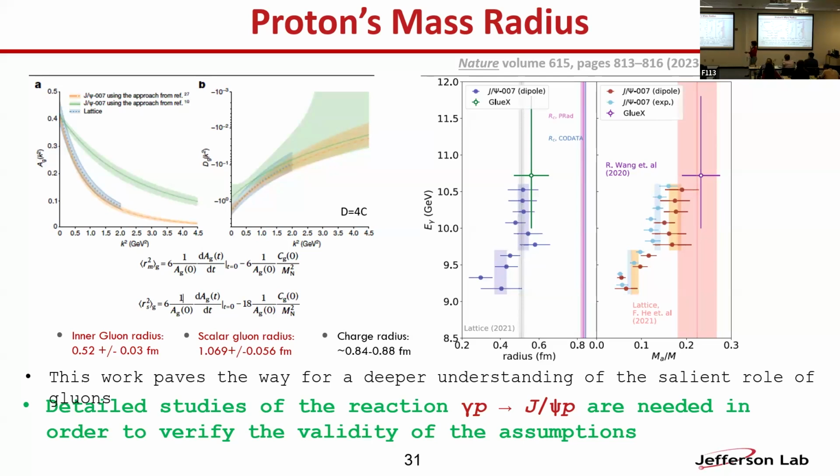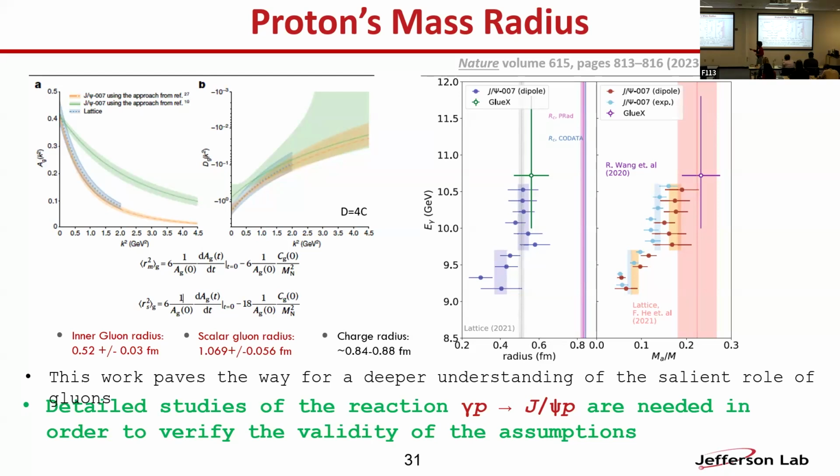Of course, this work paves the way for a deeper understanding of the salient role of the gluons. But of course, we made a lot of assumptions that we have to verify. And I will tell you what we measured first and what we can do to verify these assumptions with a 22 GeV upgrade.